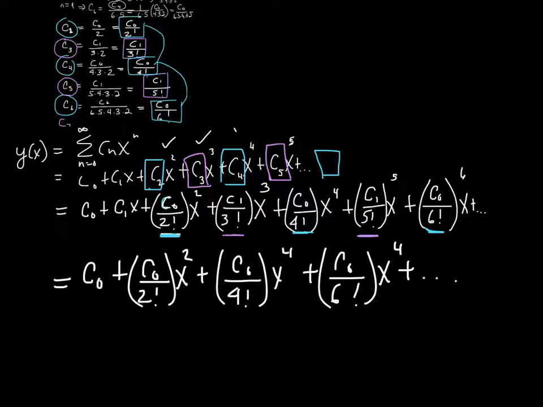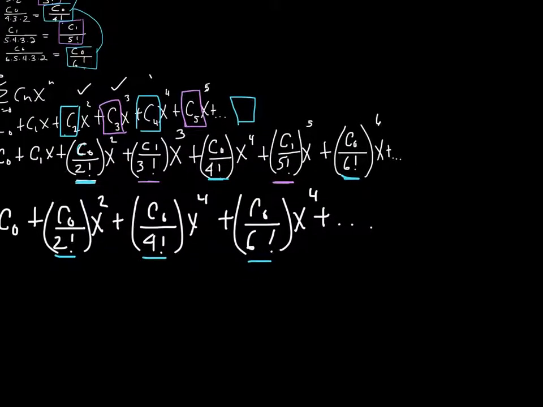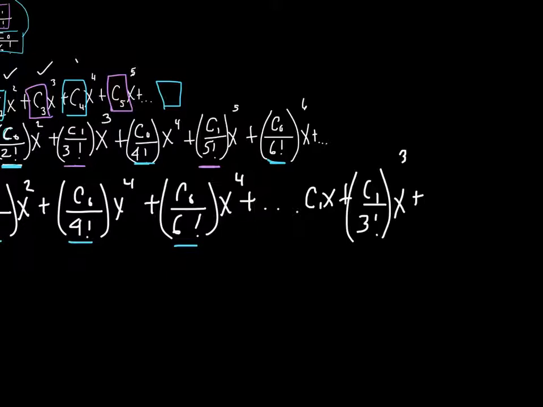These are my blue guys. And now let's write the purple: plus C1x plus C1 over 3 factorial x cubed plus C1 over 5 factorial x to the 5th plus dot dot dot. These are my purple guys.